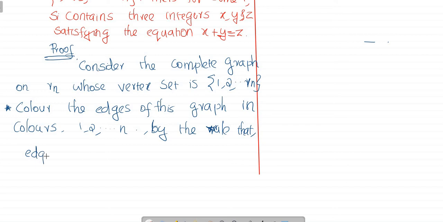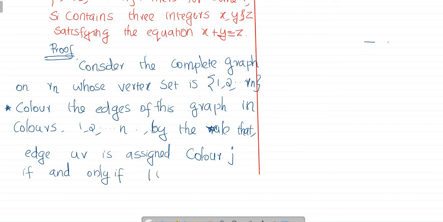Edge UV is assigned color J if and only if the modulus of U minus V belongs to SJ.